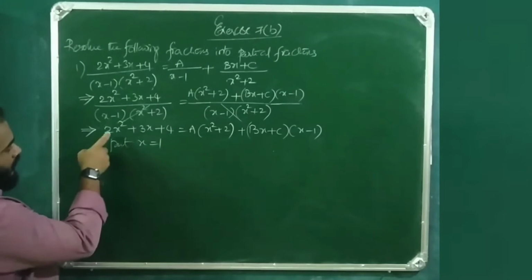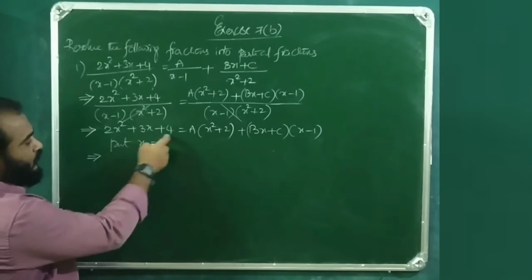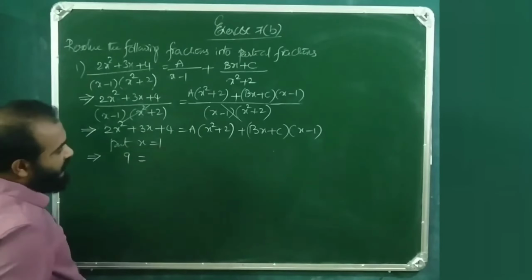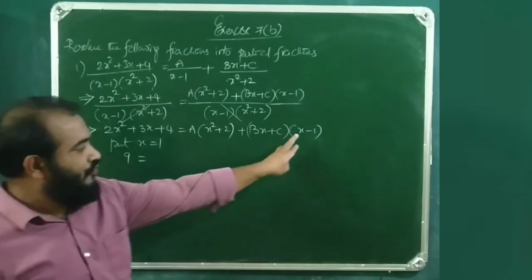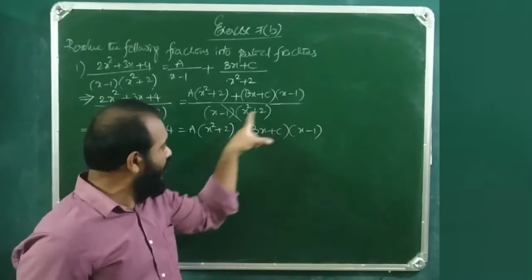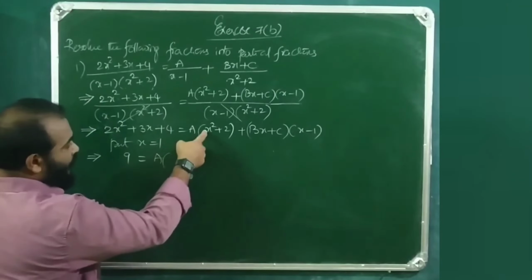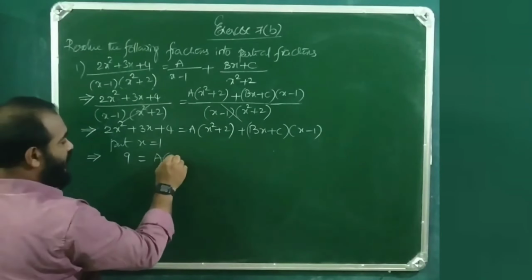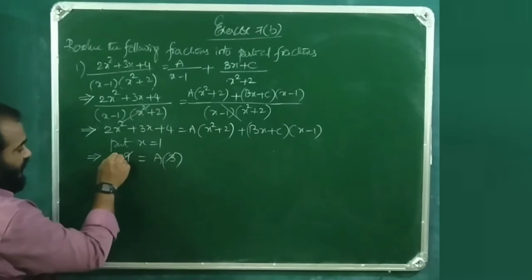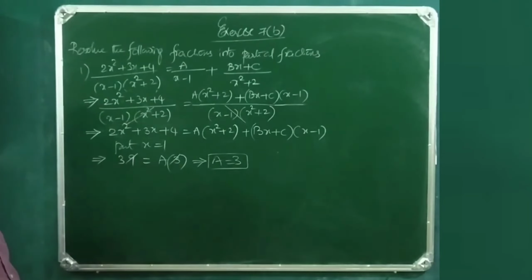So this is 2 into 1 square, 3 into 1. So 2 plus 3, 5 plus 4, 9 is equal to, if you substitute 1 here, 1 minus 1 is 0. 0 into all this will be 0. So A into 1 square is 1 plus 2, 3. So 3 3s are 9. So now let us compare the coefficients on both the sides.